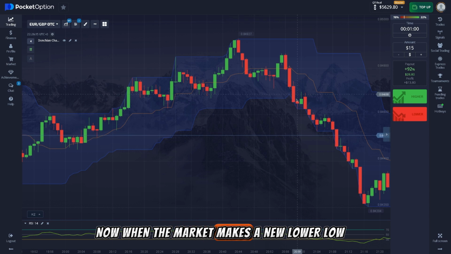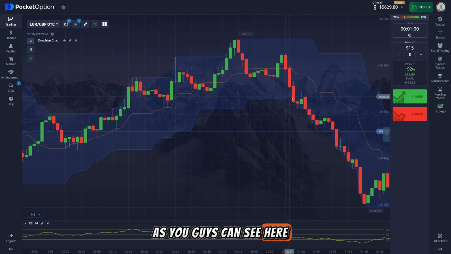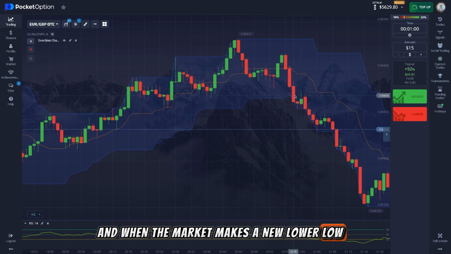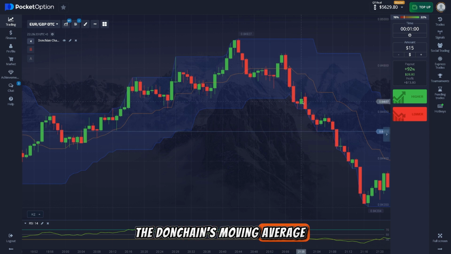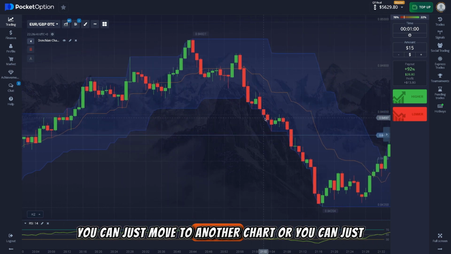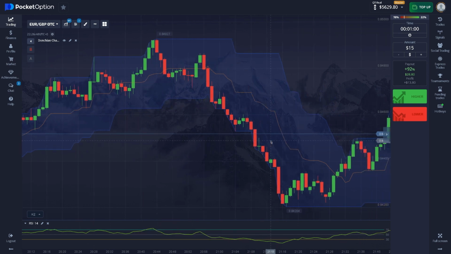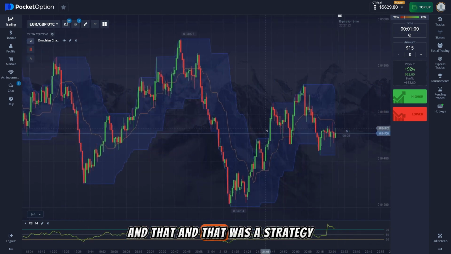When the market makes a new lower low, which is also a change in character, as you guys can see here, and that is below the Donchian's moving average, you don't want to look for an up direction trade anymore. You can just move to another chart, or you can just wait and see if the downtrend continues, and if it continues, you want to look for a down direction trade, and that was the strategy.